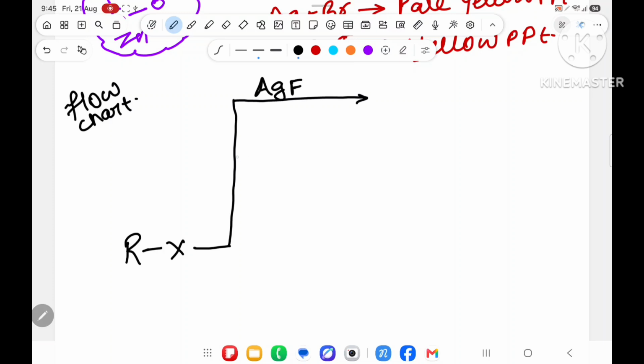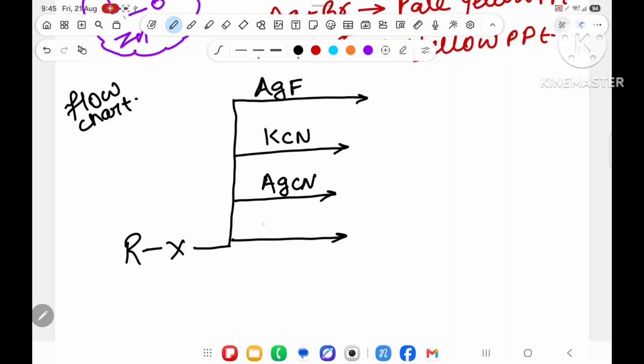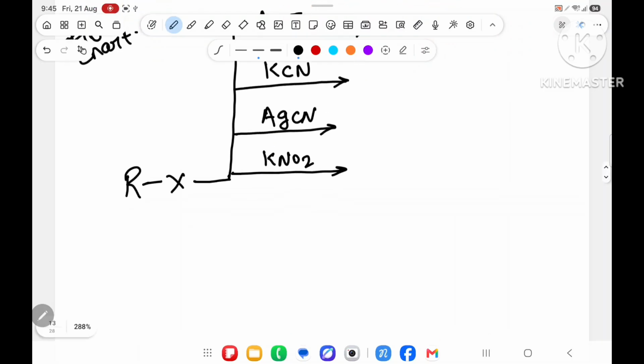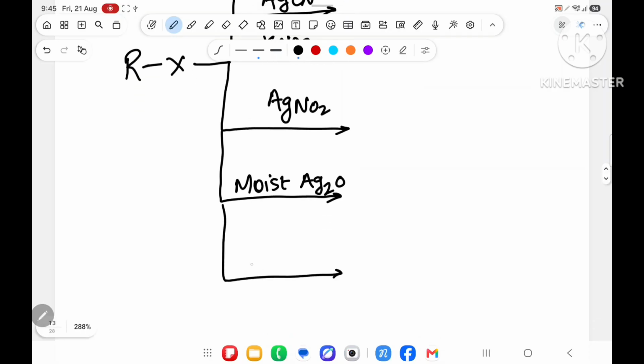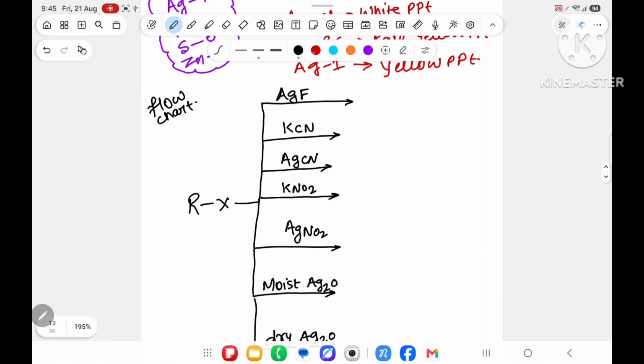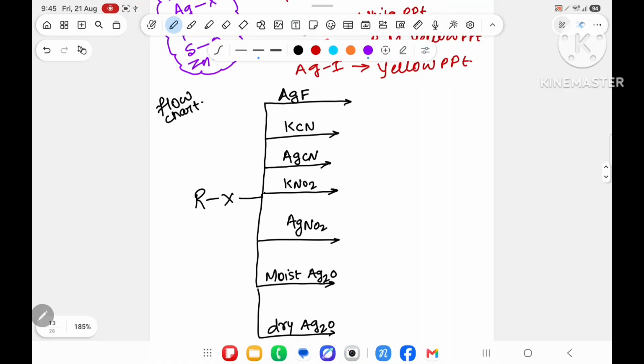First AgF, second KCN, third AgCN, fourth KNO2, fifth AgNO2, sixth moist Ag2O, seventh dry Ag2O.